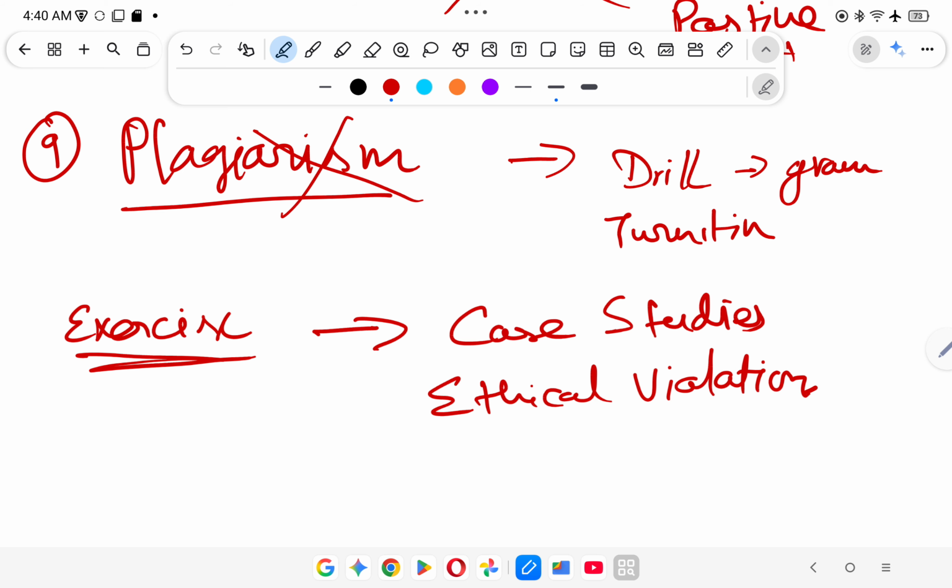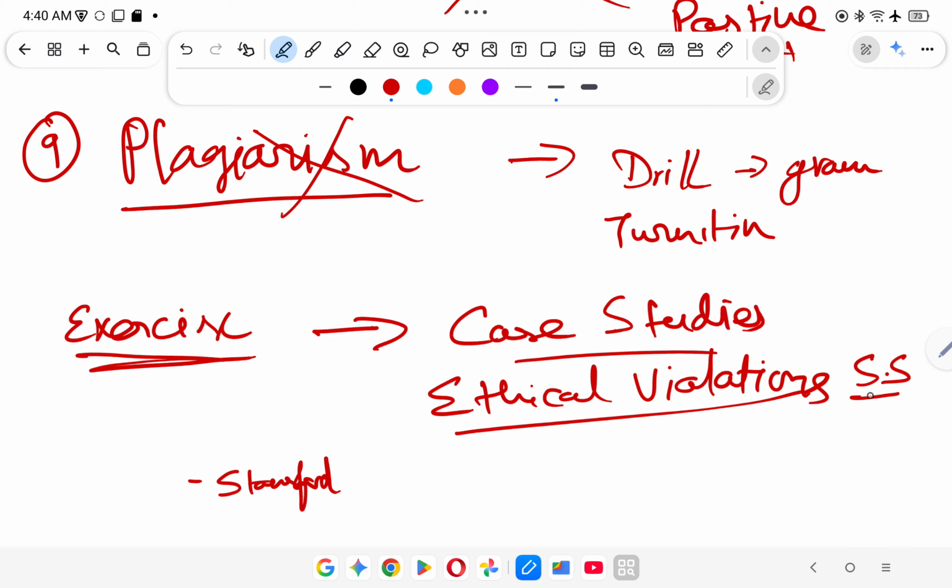Look up different ethical violation case studies. There are many examples, like for example, the Stanford prison experiment. This should be in social science, but okay, even science is fine.